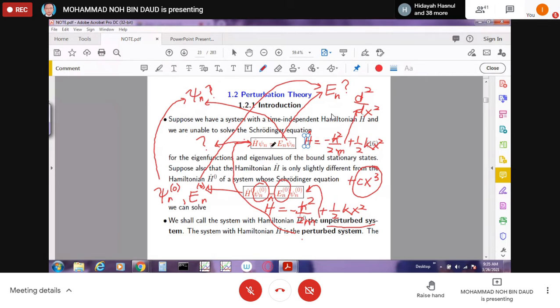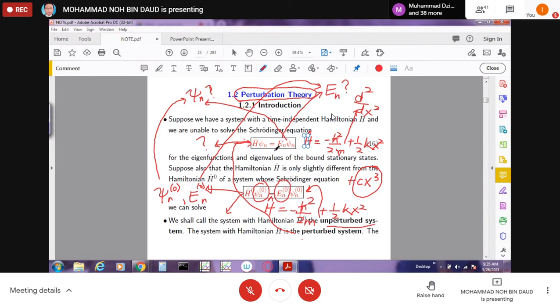Mathematically, what we are learning here is to approximate this second order differential equation using perturbation theory. We want to approximate this solution. This Schrödinger equation we can solve, this one we cannot solve.